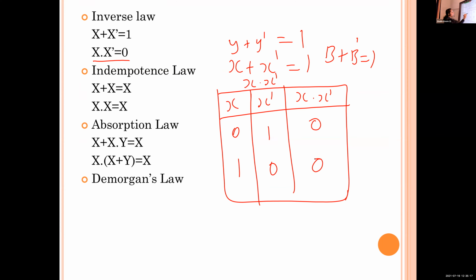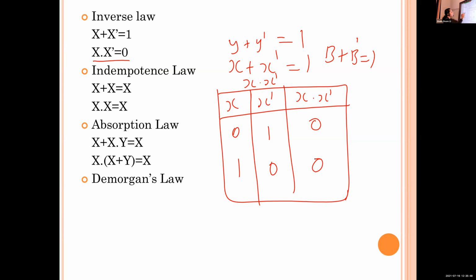After multiplication, if any one of the inputs is 0, the output is 0, because here we are using an AND gate. In the case of an AND gate, multiplication is going on; dot means multiplication. So if the input in either the X column or the X complement column is 0, then the output is 0.